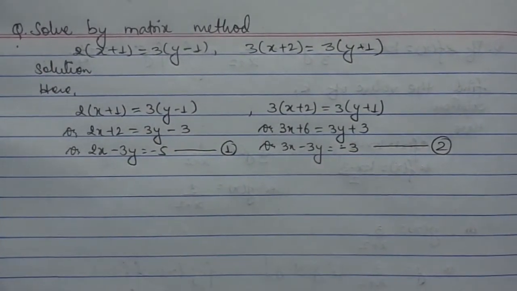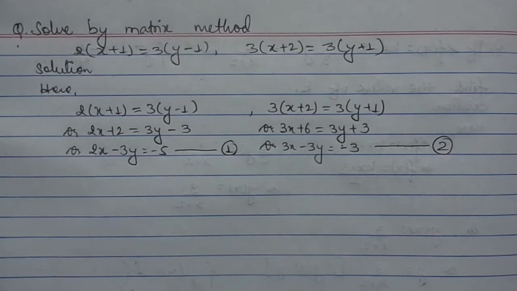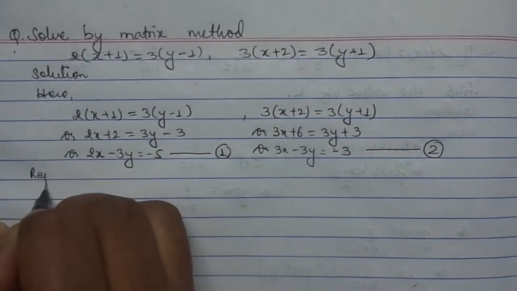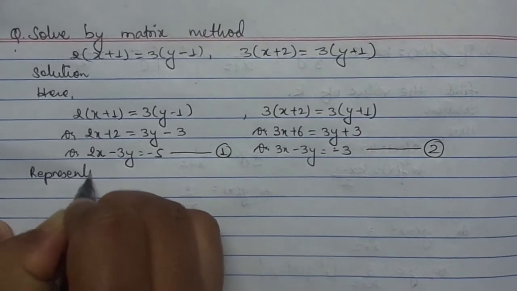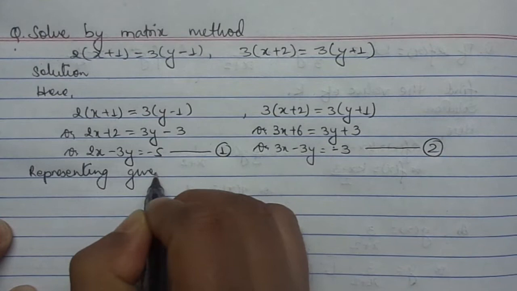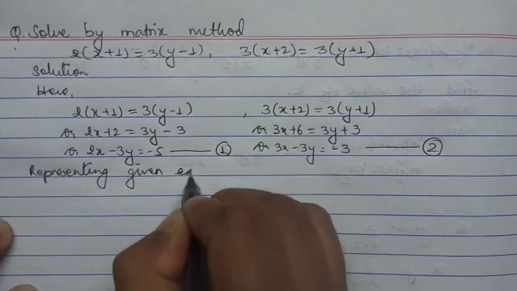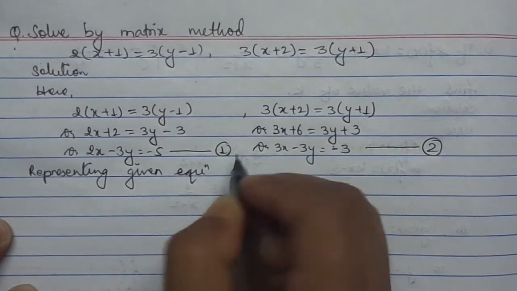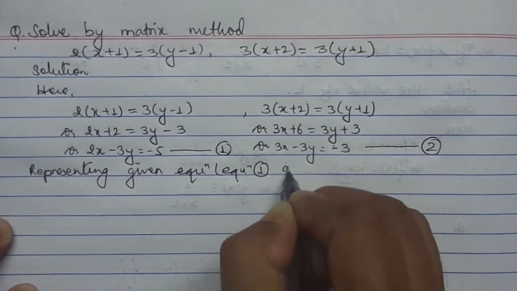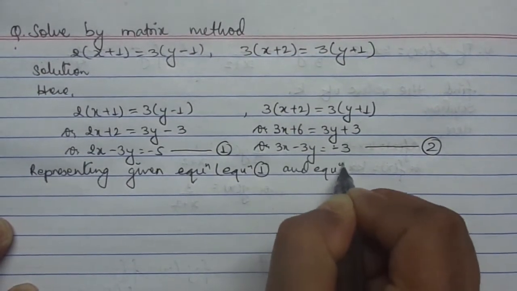Now we need to express these two linear equations, which are in the form ax plus by equals c, in matrix form, representing the given equations, equation 1 and equation 2.